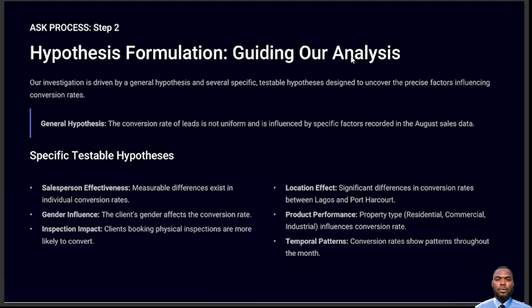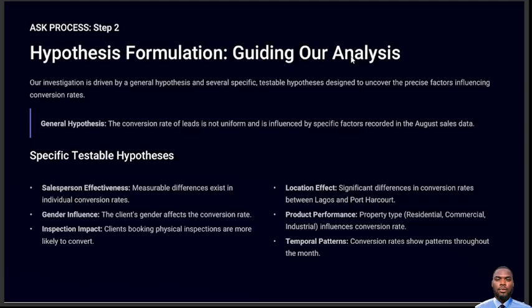Inspection impacts, how inspection is influencing the conversion rate. Number four, location. The location of the property, is it influencing conversion rate? If Lagos or Port Harcourt, which one is higher, which one is low? Then the product performance, which of the products, residential, commercial, or industrial, how they are influencing this conversion rate.